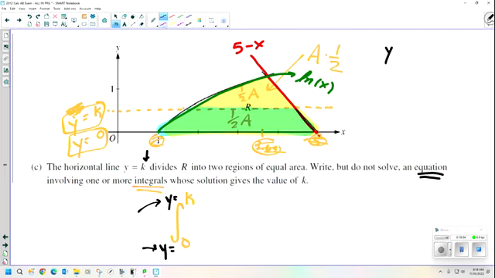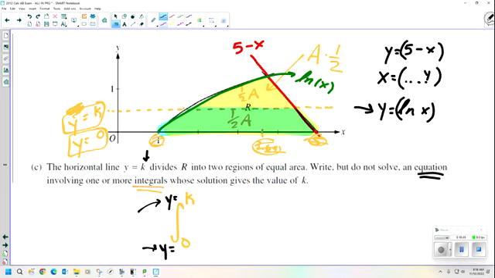I have y equals 5 minus x, and I have y equals ln of x. I was putting these into my integrals. I want to change them so they're x equals something with a y on this side, and that's what I want in my integral. Same thing here for this one, okay? So that's exactly what we're going to do.